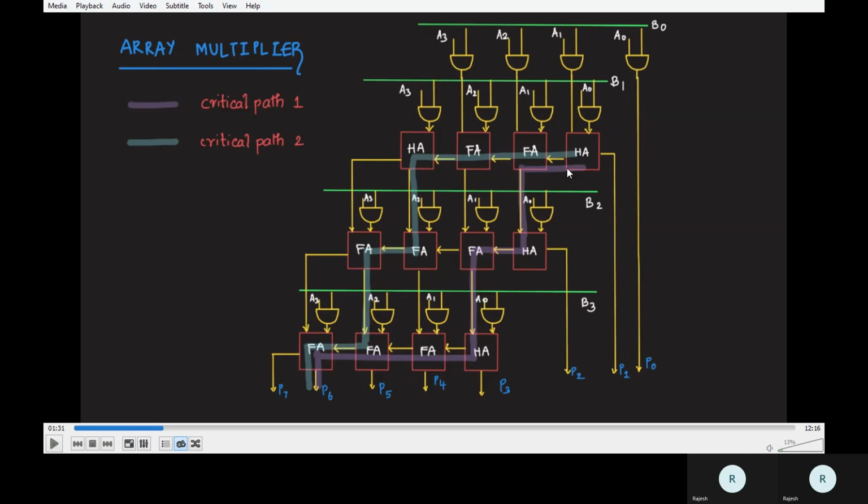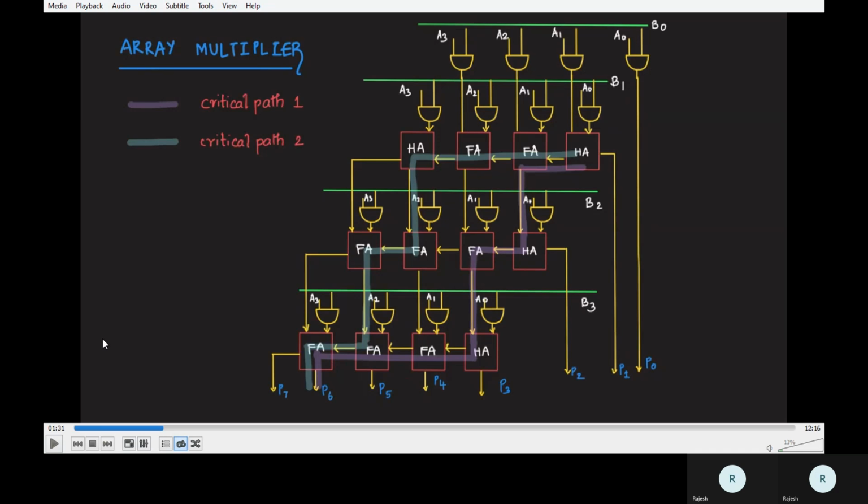And the pink color line is passing through half adder, full adder, half adder, full adder, half adder, full adder, full adder, full adder. So finally P6. So there are again 4 full adders, 1, 2, 3, 4, and the remaining 3 half adders.